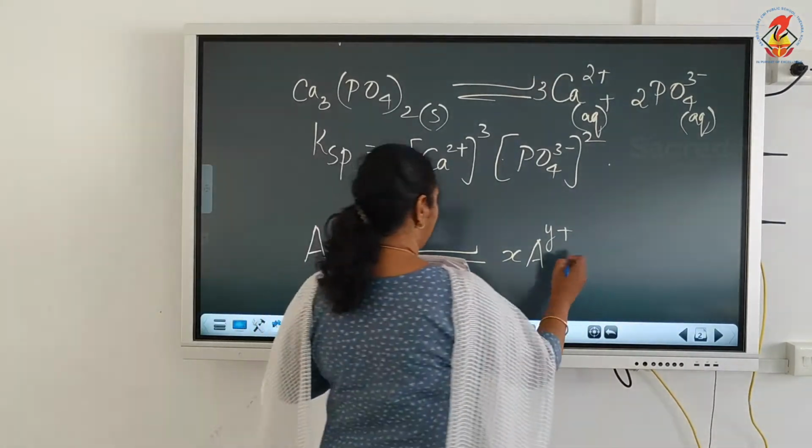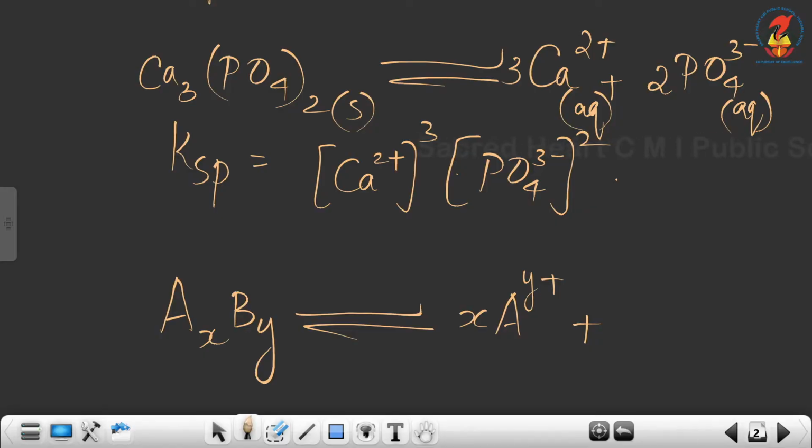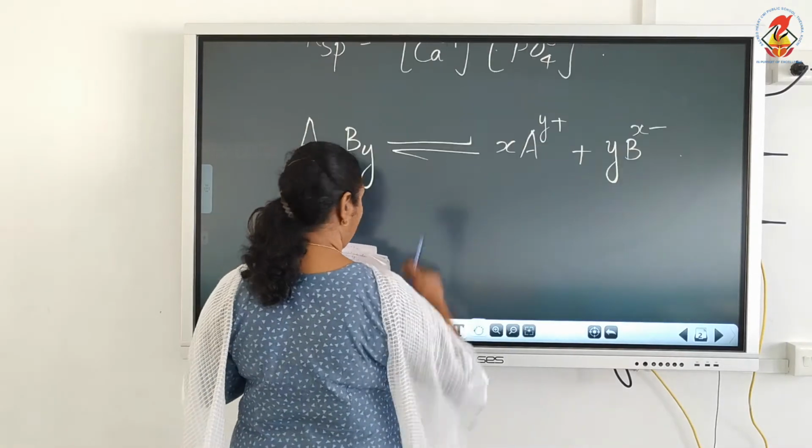Now we have A plus, and we have B, so the stoichiometric coefficient will be Y, B raised to X minus. Because X is the valency of A, that will be the charge of B. Now let's write the expression for KSP.